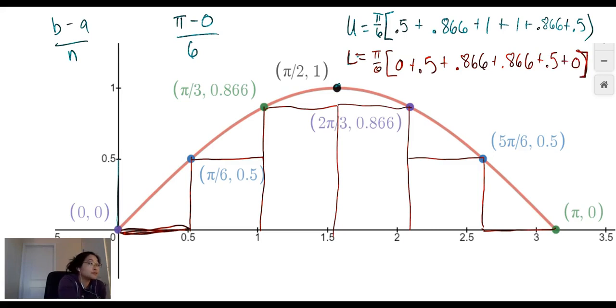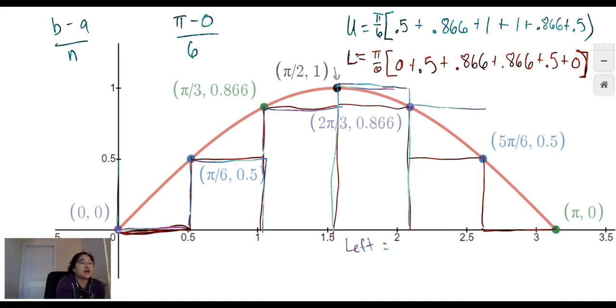Put a bracket there. For our left sum, we're looking at only the left endpoints. So that's very similar to our lower sum until we get past this vertex right there, or that maximum on our sine function.